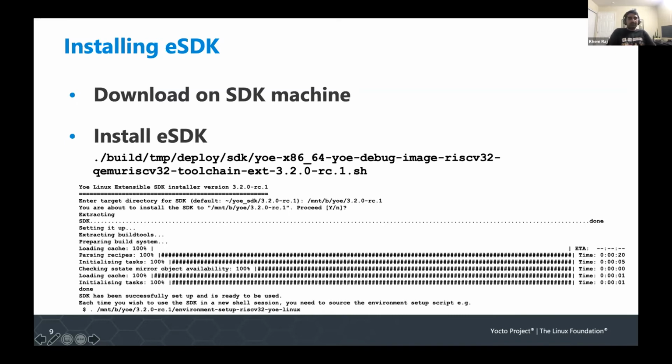In my case, you can see here, I asked it to be installed into a different location. The good thing about choosing a default location is that you can make it non-interactive. There's an option called -y, which means it will say yes, and then you can use the -d option to give it a directory path where to install.